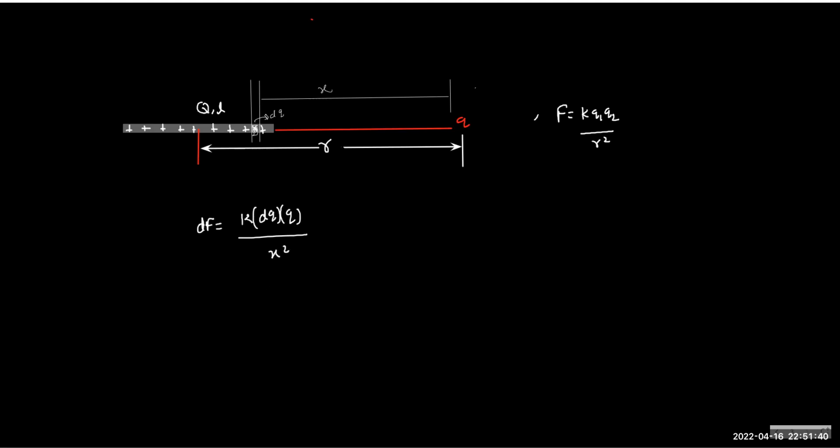Yes, sir. Now we are supposed to integrate, because this is x, this must be dx, and we know that the charge is spread over the length L. So dx length will get some charge, so we can relate dq by dx, right? Yes, sir. dq by dx is the charge per unit length. This must be q by L because it's uniform. Yes, sir.